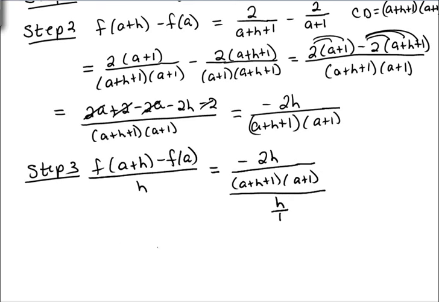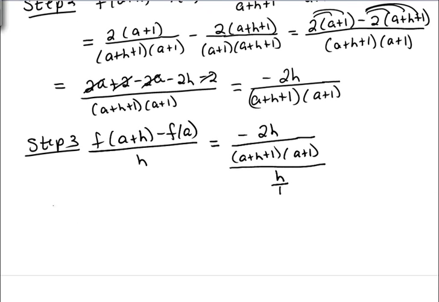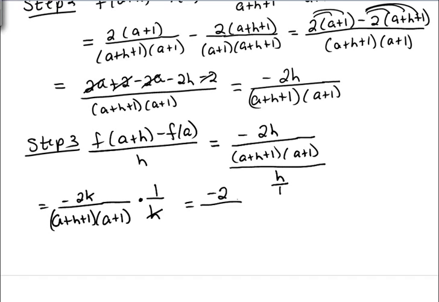So this is the same as negative 2h over a plus h plus 1 times a plus 1, times, flip this fraction upside down, so 1 over h. And then these h's will cancel, and your final answer will be negative 2 over the quantity a plus h plus 1 times a plus 1.